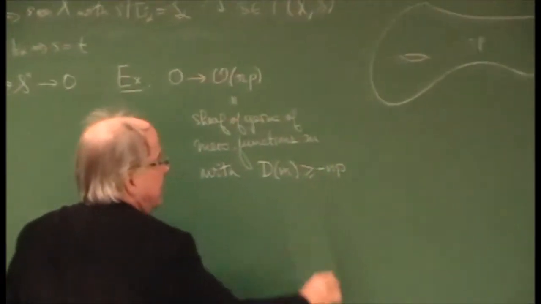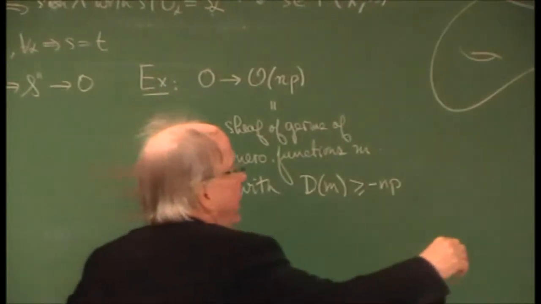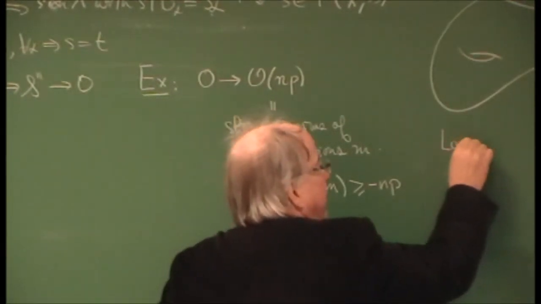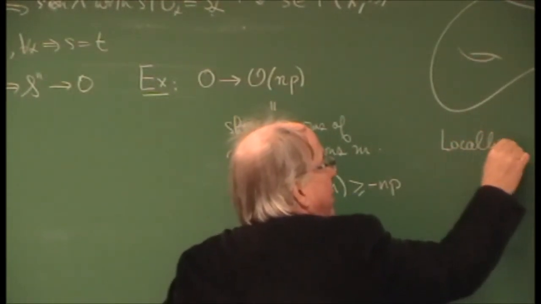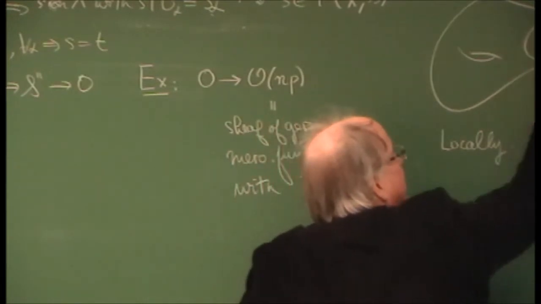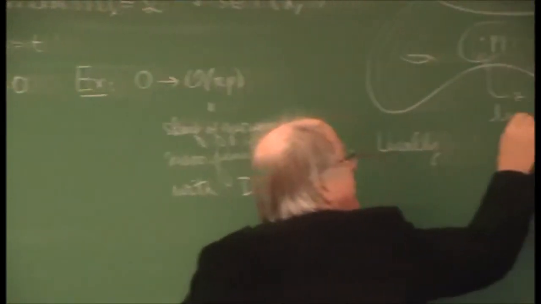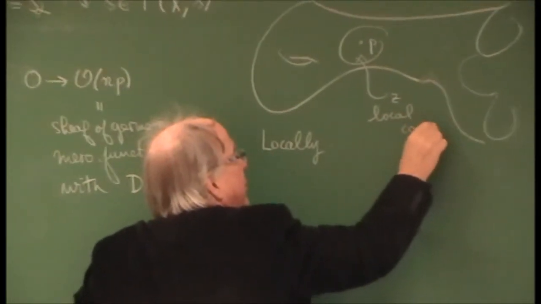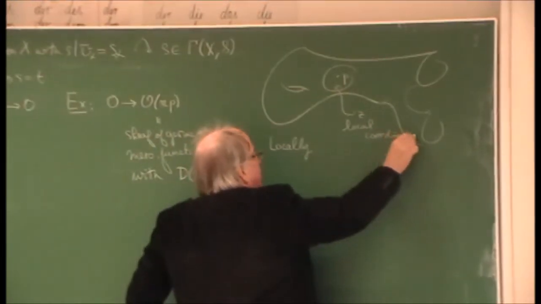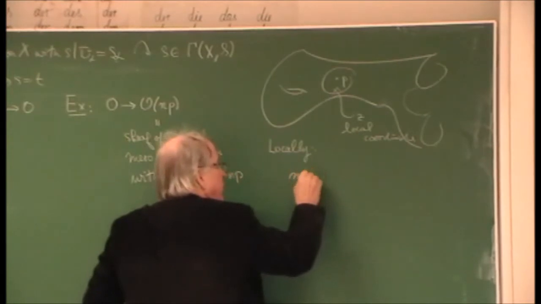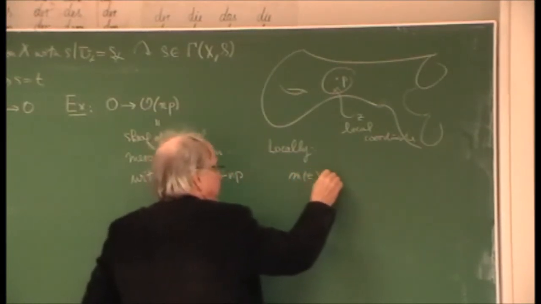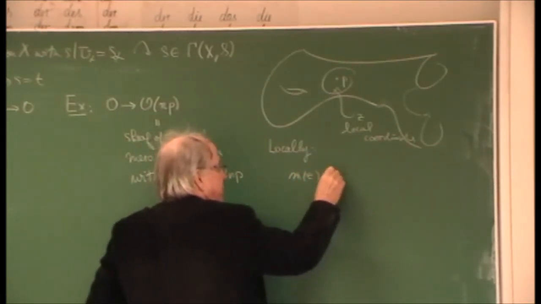This means that at the point P, if we have some local coordinate, say z is the local coordinate here, then locally in that coordinate, M of z is allowed to have poles, but at most of order n.